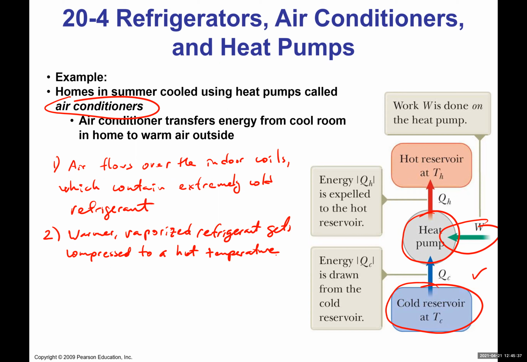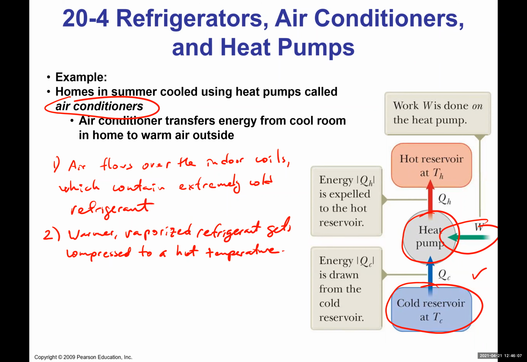That means you want to make sure that your refrigerant is always at a higher temperature than the air outside. So the compressor, which is generally located outside of your house, in the outside unit, means that when this warmer vaporized refrigerant is transferred into the outside unit, the compressor over there pressurizes it and increases the temperature.